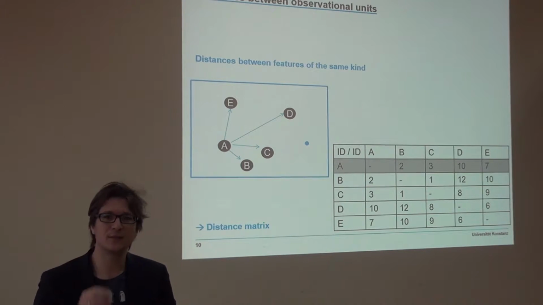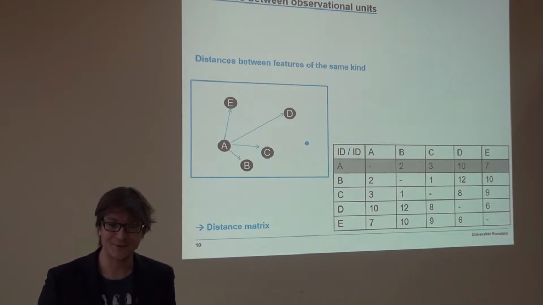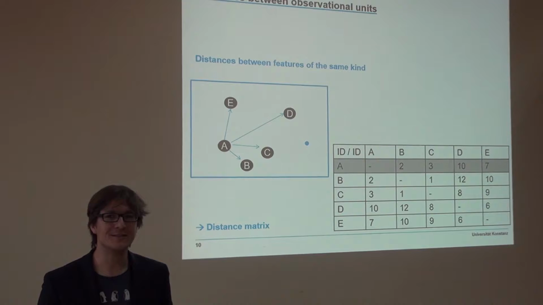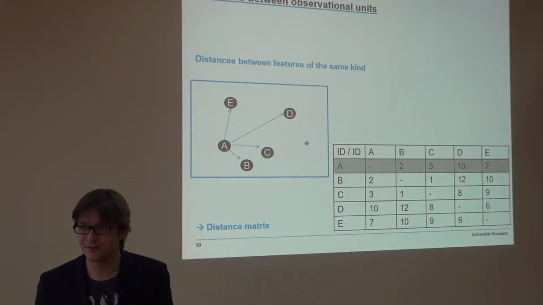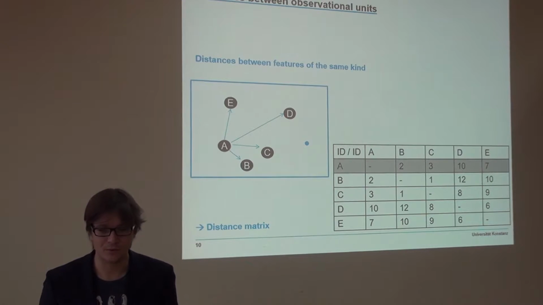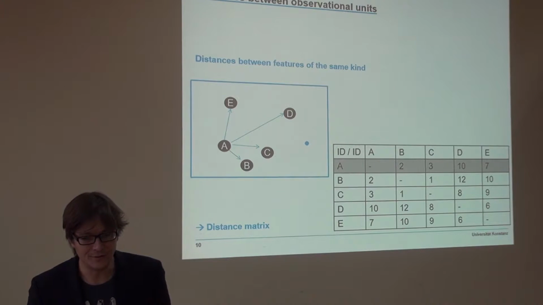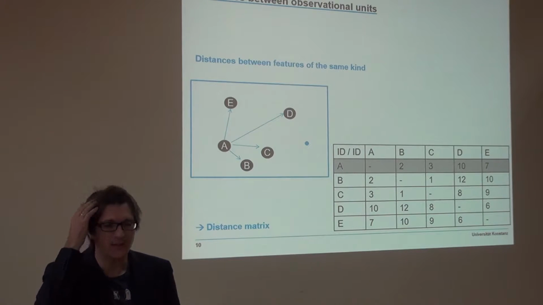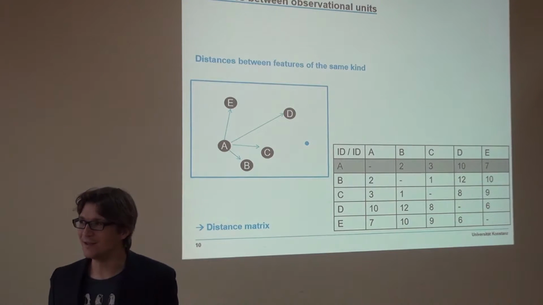This distance matrix is n by n large and contains all the distances from each and every respondent to each and every respondent. Of course, the diagonal is not defined. You could also insert zeros, because the distance from A to A is 0 or is nothing. So this allows for the first spatial statistical analysis.